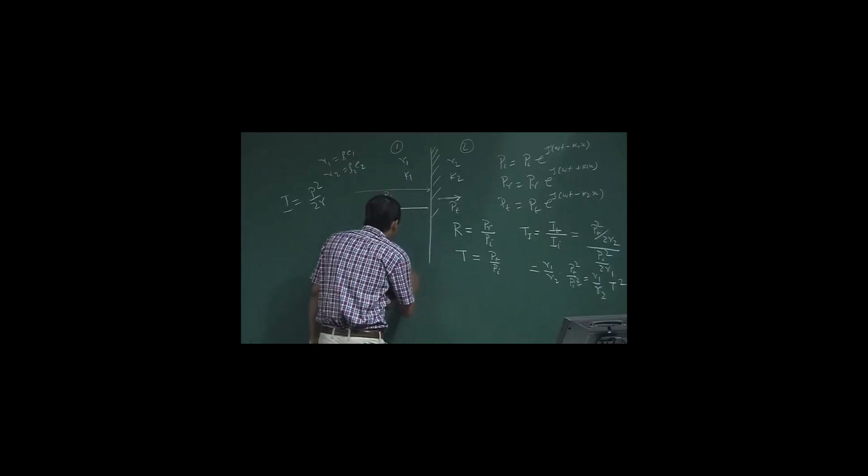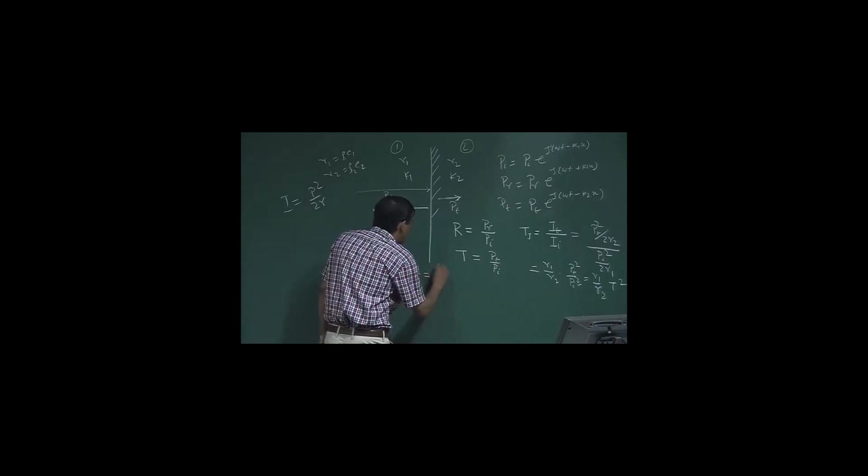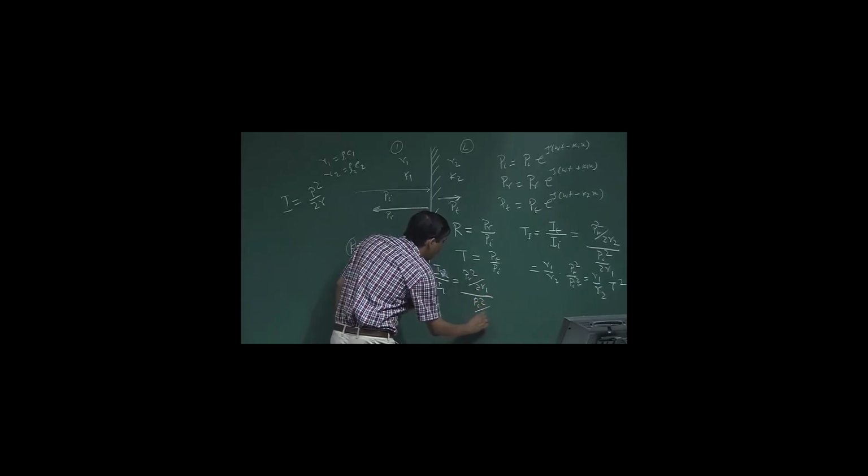Similarly, what is the reflected intensity coefficient? Ri is nothing but IR divided by II. What is IR? IR is nothing but PR square divided by 2R1. Similarly, what is II? It is nothing but PI square divided by 2R1.